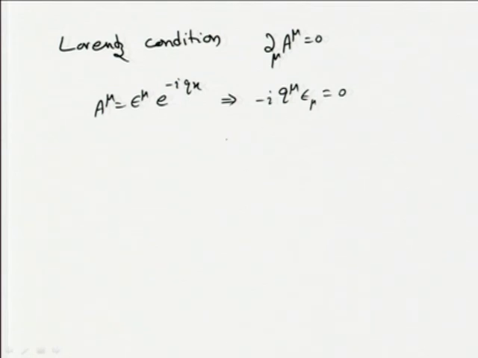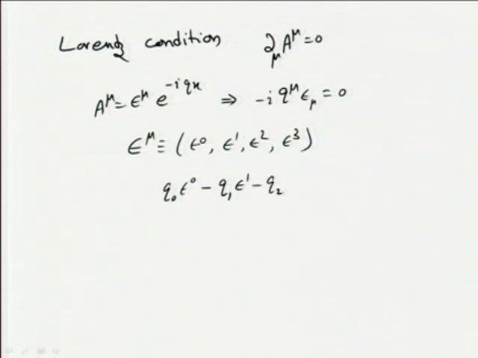So, the Lorentz condition says that not all the components epsilon 0, 1, 2, 3 are independent of each other, but are related through q mu epsilon mu equal to 0, or q naught epsilon naught minus q 1 epsilon 1 minus q 2 epsilon 2 minus q 3 epsilon 3 equal to 0.